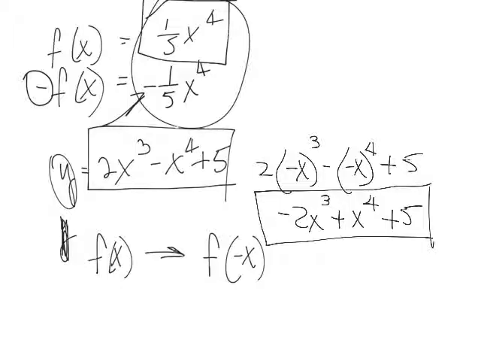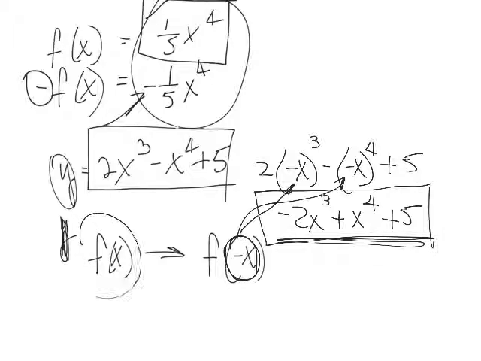So see the difference? Here we're replacing the x in the equation with a negative x. So every time we saw an x, we put a negative x in its place, and pretty much it just changed the signs here. Over here, what we did is we took the original and put a bracket around it and put a negative sign in front of it and distributed that negative sign, and that gave us how it was reflected across the x-axis.